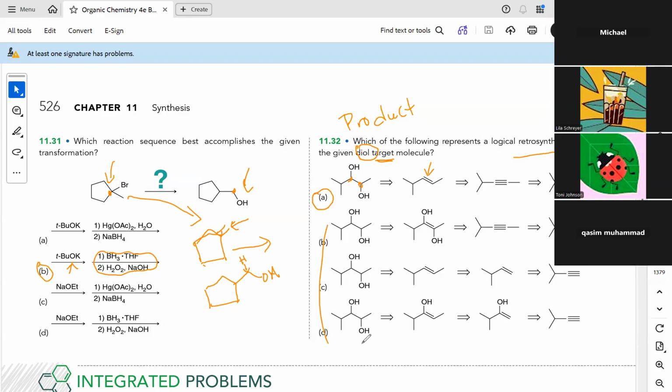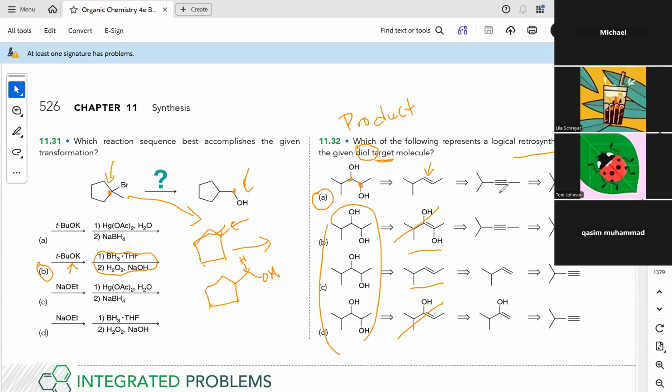So the diol is the same, but besides route C, we wouldn't be able to progress. So I'm going to eliminate B and D in my retrosynthetic analysis because I do not know any functional groups looking like B or D that would allow me to get to that diol. So now I'm down to just A and C.